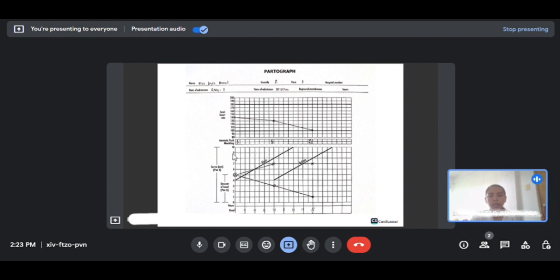So for the next part of the partograph is the cervical dilation and the descent of the fetal head. So as you can see, prior to the admission, the cervical dilation is in 5 cm, which is normal.